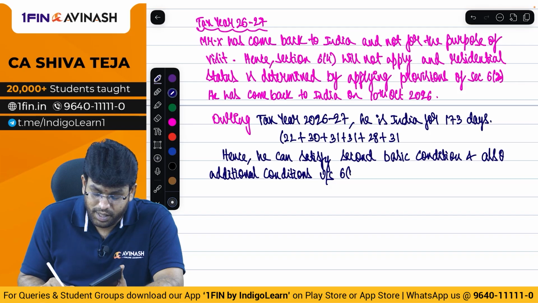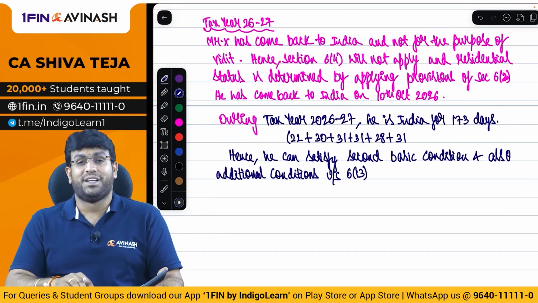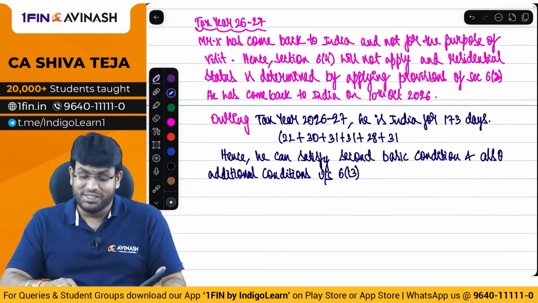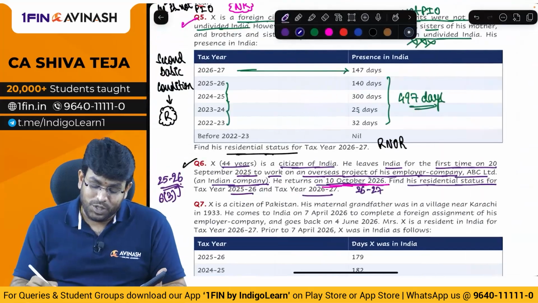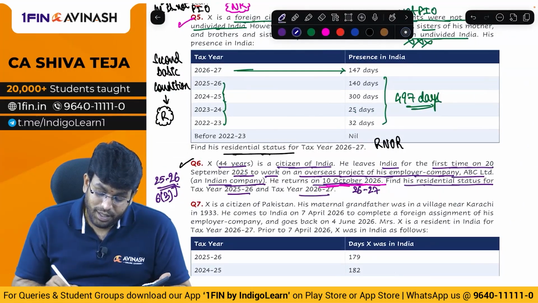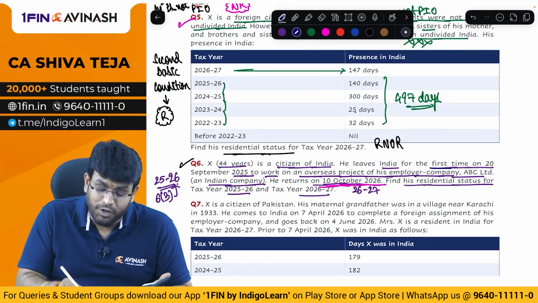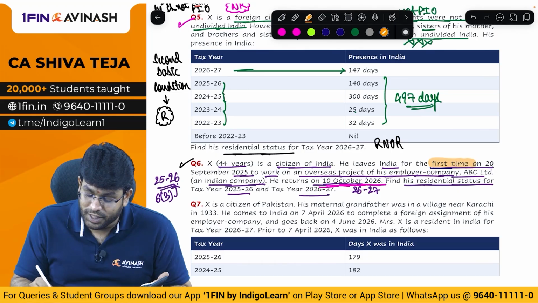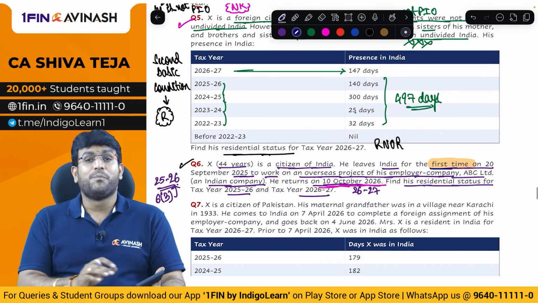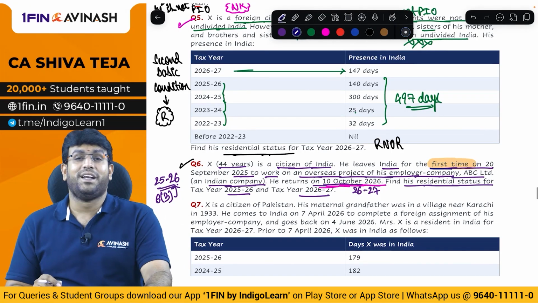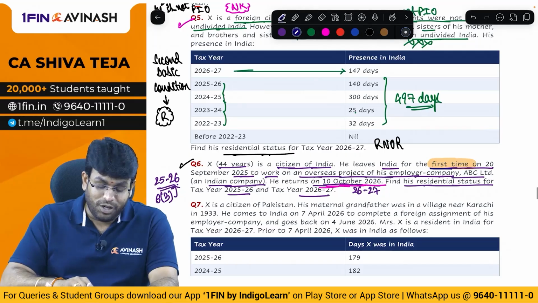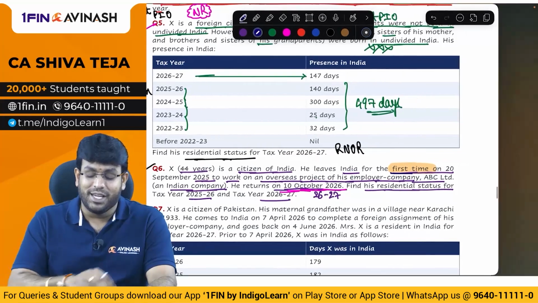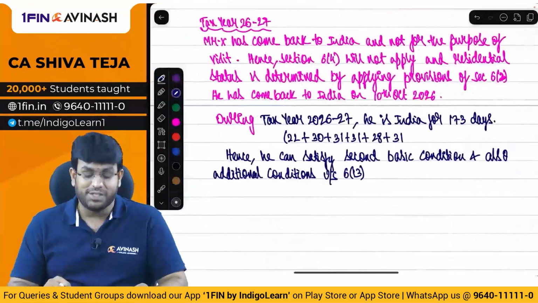Now don't ask me, sir, how do you know he can satisfy additional conditions? I should tell. In the question they told he leaves India for the first time. You saw that word first time? That means prior to that, he was always in India. When prior to that he was always in India, obviously he can satisfy additional conditions.